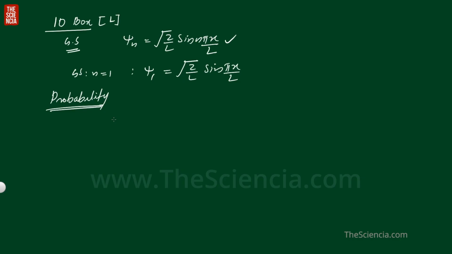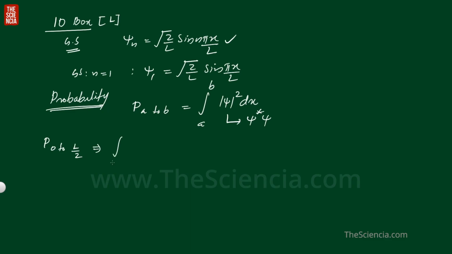So we have to know the equation for probability. What is the probability to find a particle in a region A to B? It is equal to integral A to B modulus of psi square dx. What is this modulus psi square? That is nothing but psi star psi. So to find the probability of finding the particle from 0 to L by 2, what do you have to do?